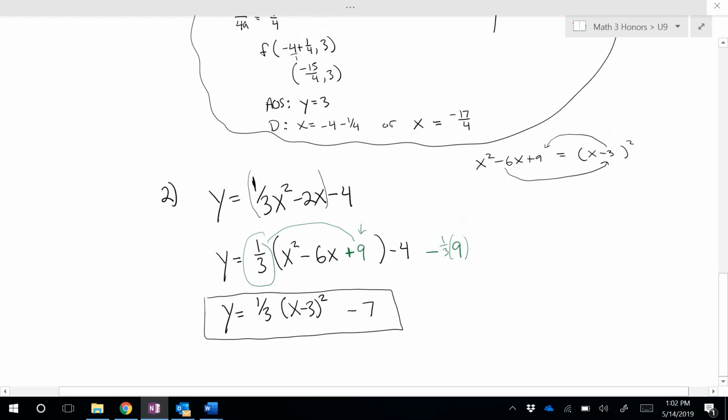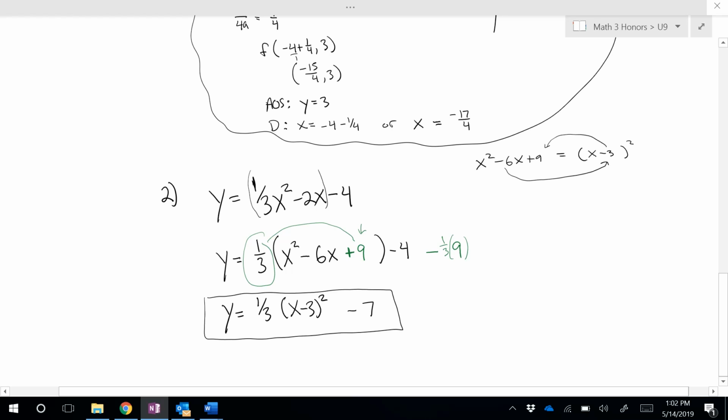So the 9 inside the parentheses? Or on the outside? Okay, so the 9 on the inside, I am trying to create something that if I were to factor it, would be a perfect square. And a perfect square is both factors are going to be the same. So if I were to factor this, it would be x minus 3 times x minus 3, which is x minus 3 squared.